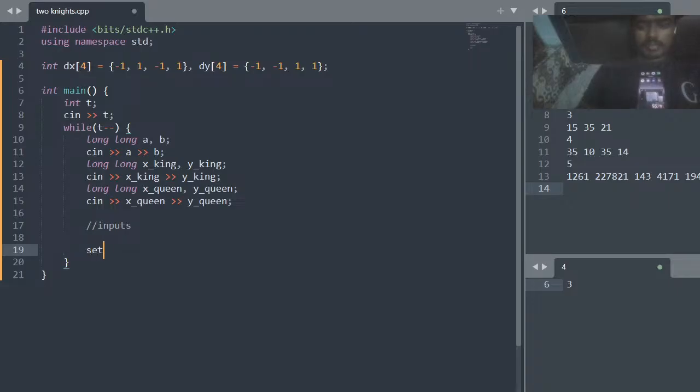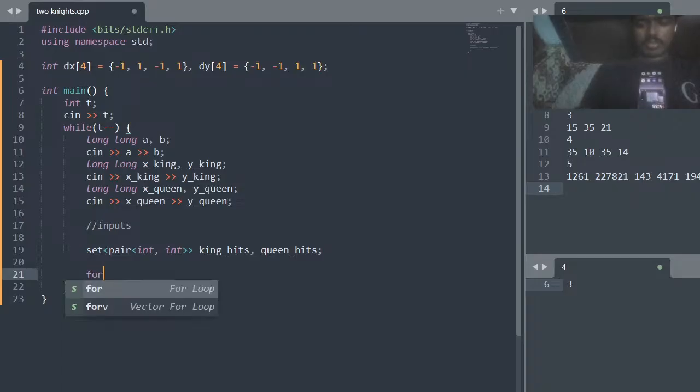You set pair int as int, right, king hits and it's right? And then we like to loop for like int j to 0, right?